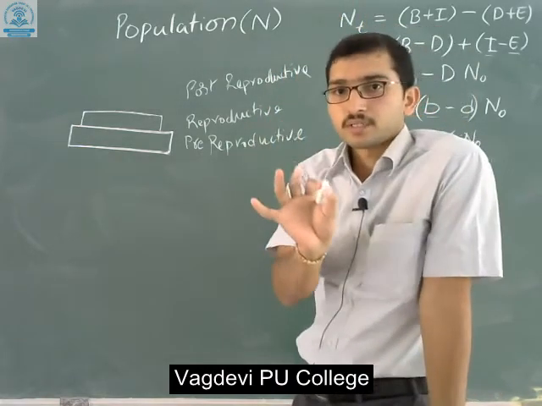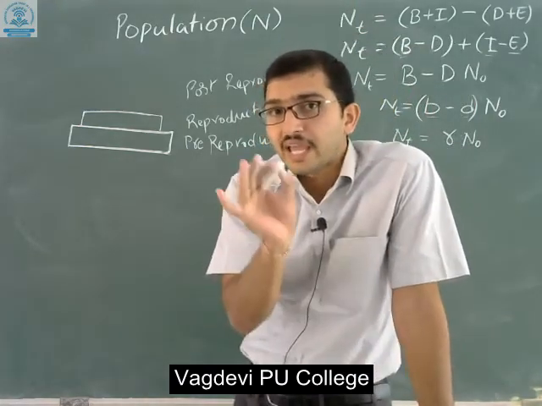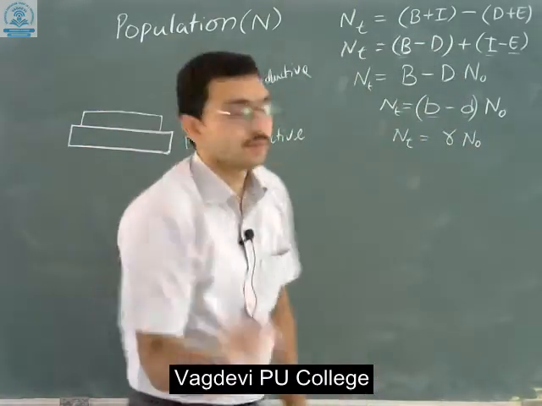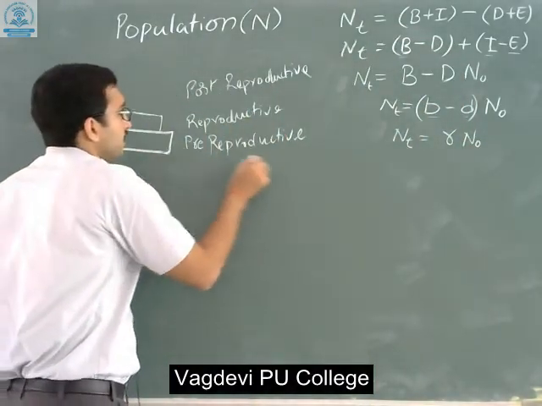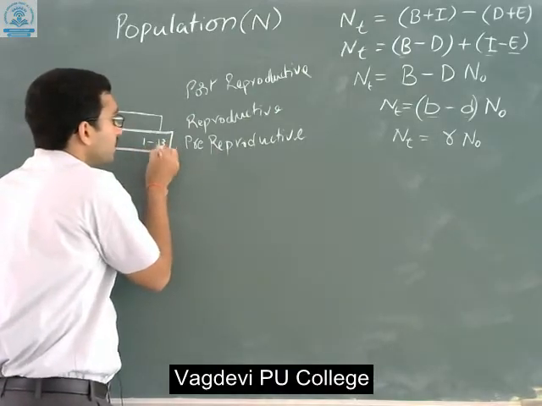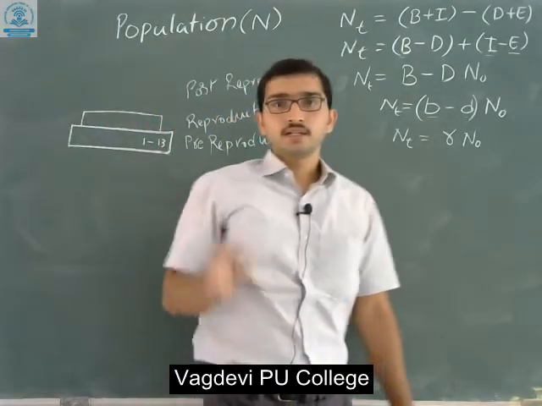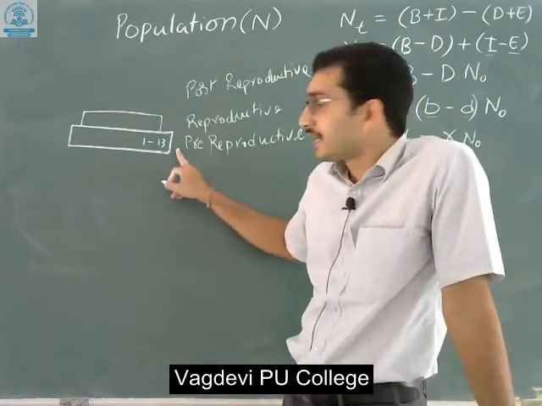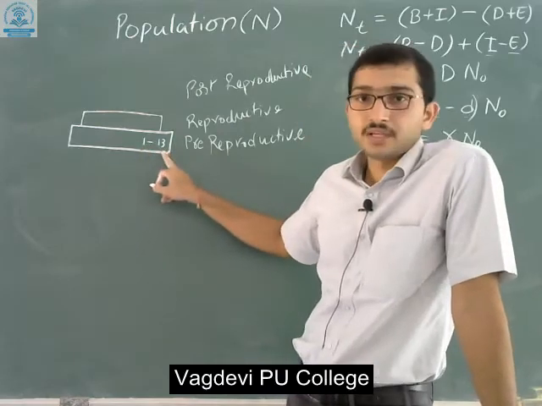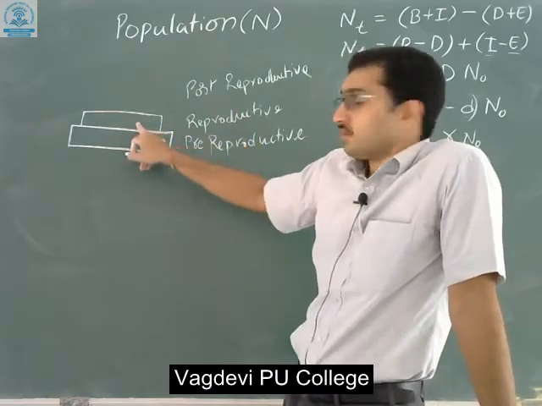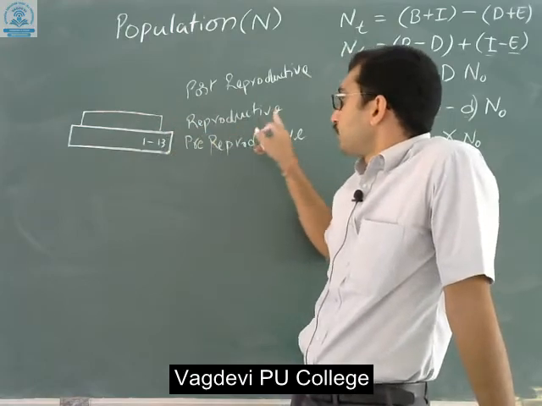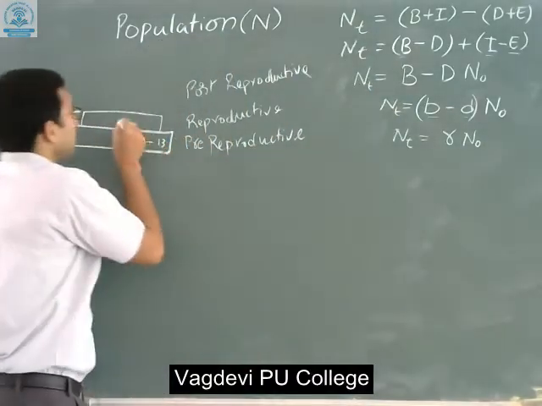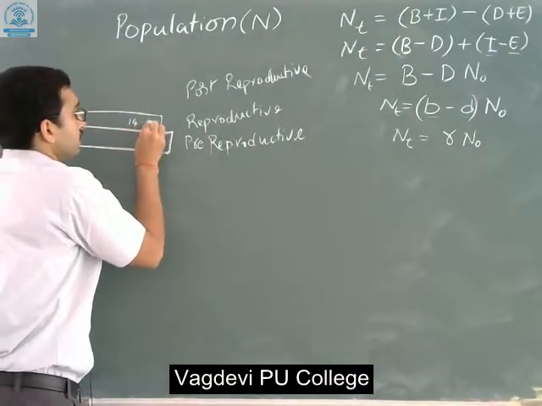One thing you have to remember is that the pre-reproductive block includes particularly the age group of children, about 1 to 13 years. Whereas the block which is reproductive means the age group greater than 13 years, that is 14 to 25.